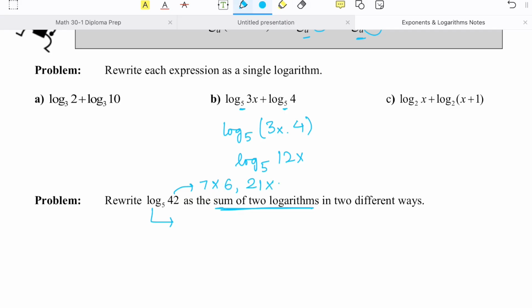And I also know it's 21 times 2. So I can write it as log base 5, 21 plus log base 5, 2. Or I can do log base 5, 7 plus log base 5, 6. Okay.